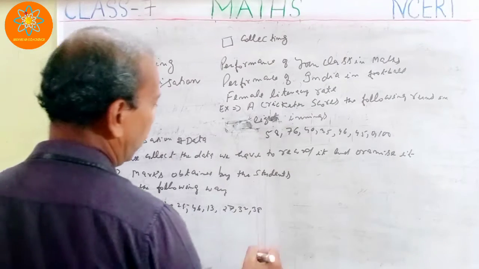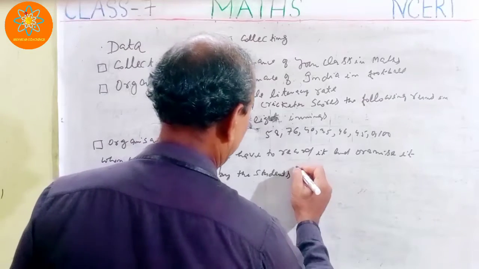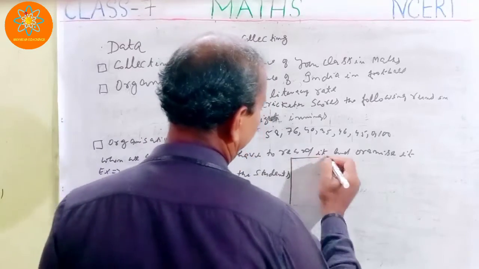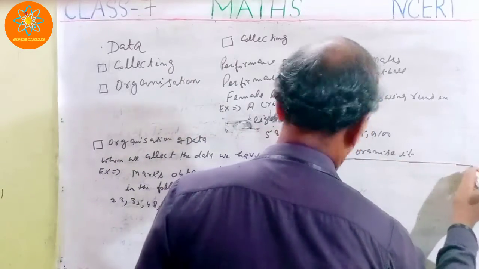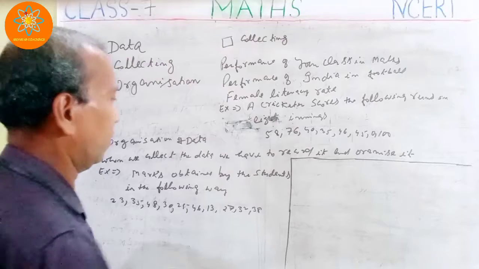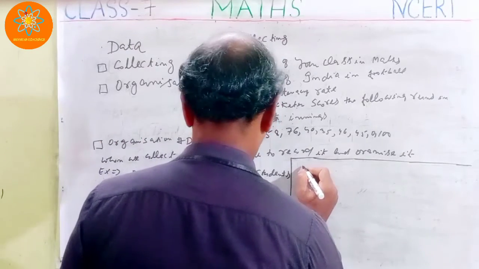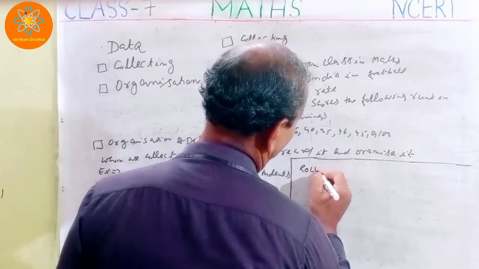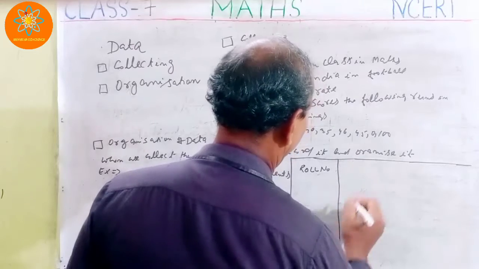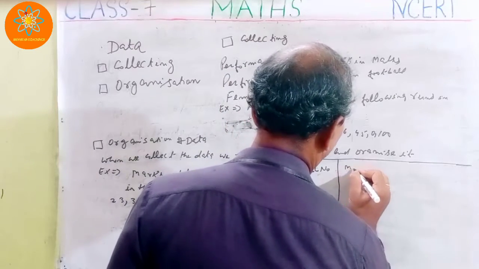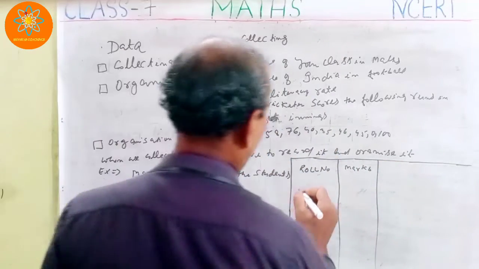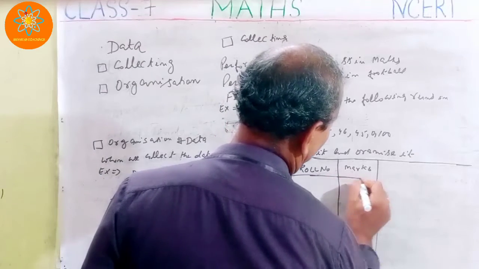Now we want to organize it. This is the data which we had collected. For this, we have the roll number and the marks.